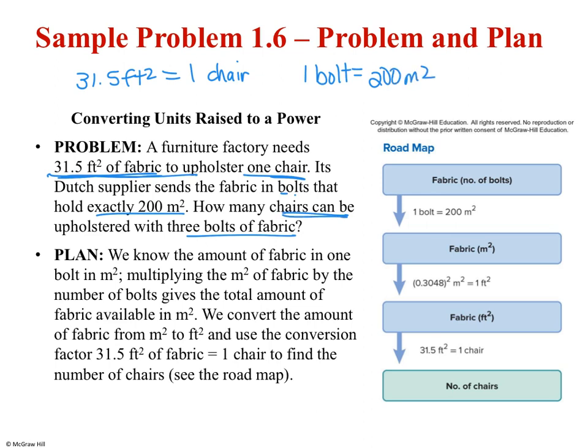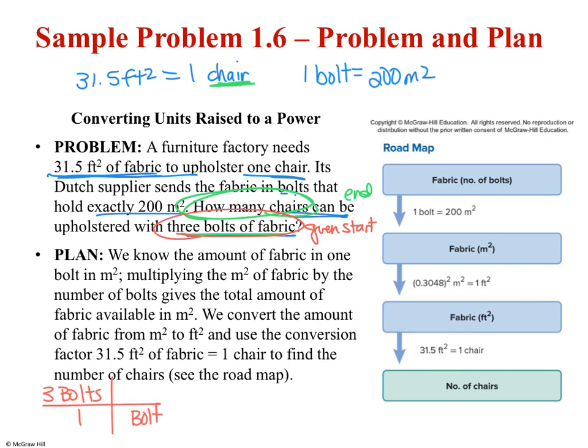How many chairs, so this is your question. Sometimes I like to circle the question. Okay, so how many chairs, so we want chair to be the end, can be upholstered with 3 bolts of fabric? This is your given. This is where you start. Okay, because that's your number. So you want 3 bolts, and you're going to put that over 1, and then you put bolt on bottom.